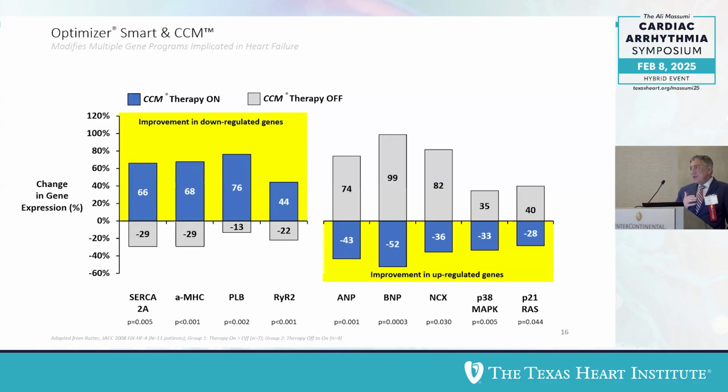They're all low. So when you turn that on, they actually increase. And we have the other abnormal gene expression, ANP, BNP, and NCX, which is sodium calcium exchange, which they downregulate.